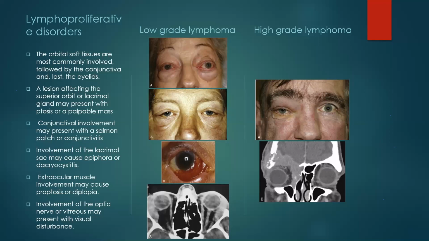Okay, so the lesion can affect the superior orbit or lacrimal gland, so it presents with ptosis or a palpable mass. Conjunctival involvement may present with a salmon patch or conjunctivitis.